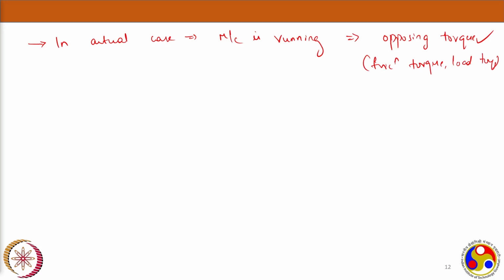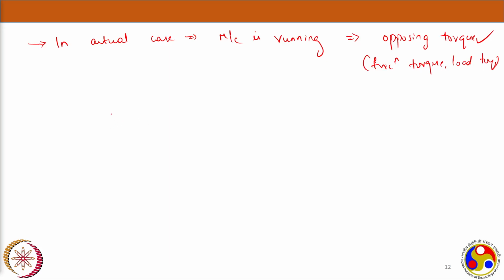Now in the imaginary motor, the motor is at standstill. We already discussed that the stator can't distinguish between machines, so even in this case the active power drawn by the primary must be the same. Hence this R2 by S is the factor that takes into account both copper losses and mechanical power of the actual machine.